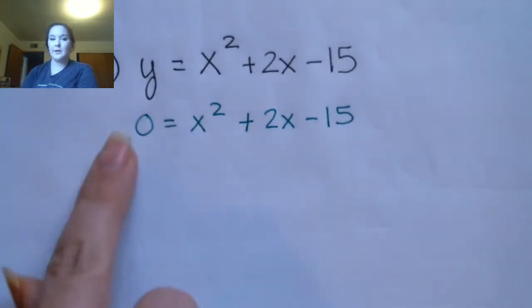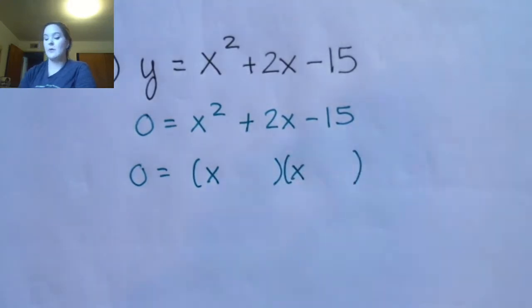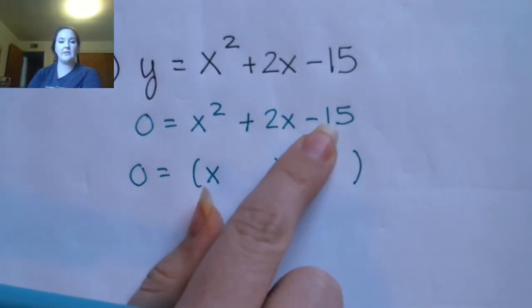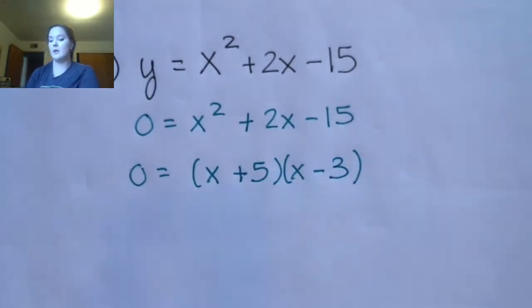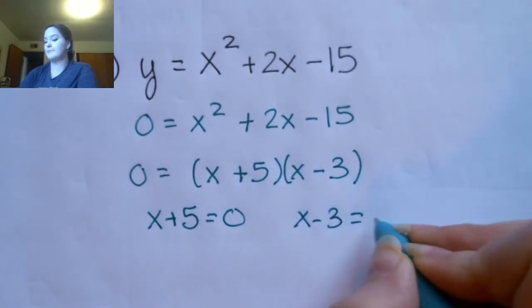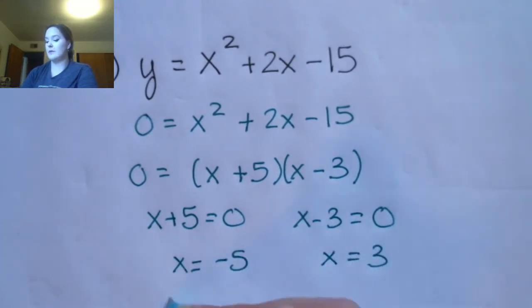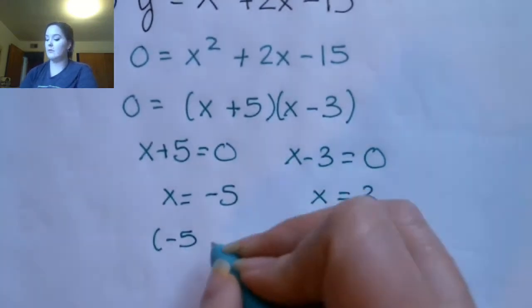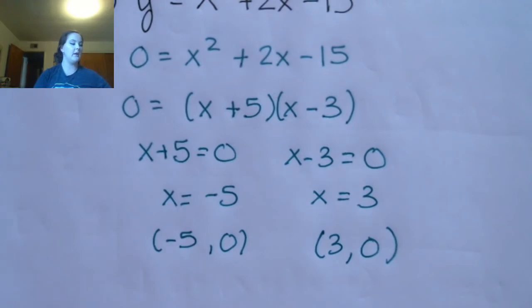And then I'm going to try to go ahead and factor this. So I'm looking for two things that multiply to negative 15 and add to 2. So I think it should be plus 5 and minus 3. Set each of my factors equal to 0. And this gives me my two x-intercepts, negative 5, 0, and 3, 0.